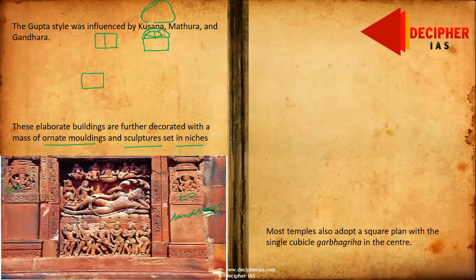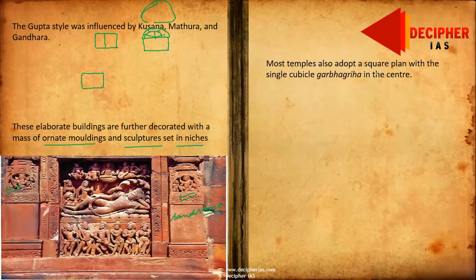Most temples also adopted a square plan with a single cubical garbhagriha in the center. Let me tell you with a little rough drawing. See, this is the square plan on which the temple is built. Okay, and within this temple there is a small cube which serves as the garbhagriha for this temple's main deity.